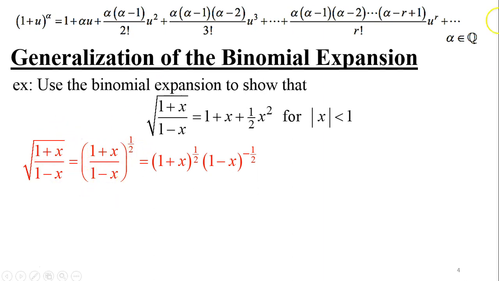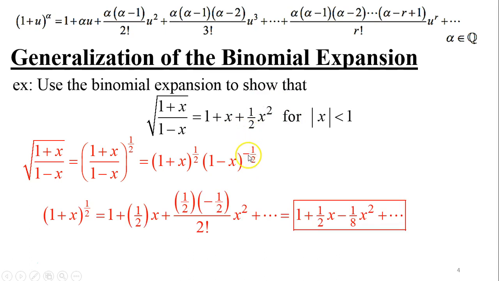So over here, this is equivalent to 1 plus x to the half divided by 1 minus x to the half, which finally leads me to the form 1 plus x to the half times 1 minus x to the negative half. So we'd use the binomial expansion in order to write an expansion of each of these two factors up to the term in x squared.